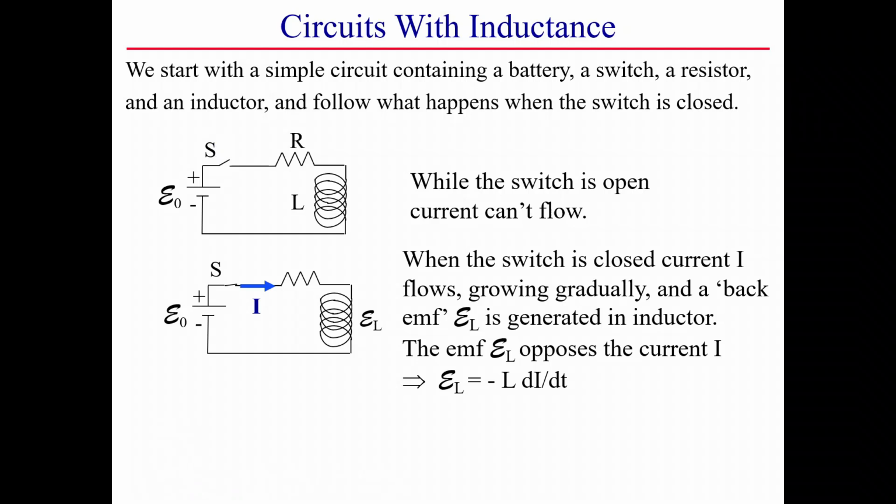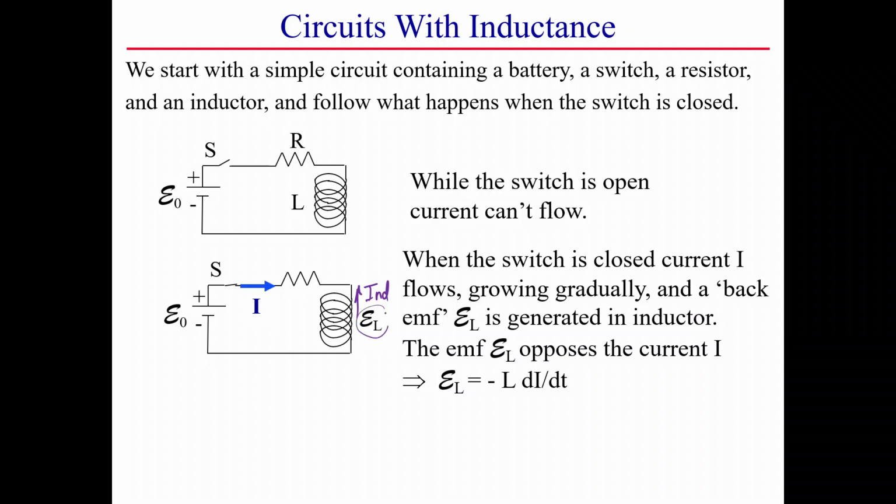So the instant you close the switch, current is going to try and flow through that inductor, which is going to create a magnetic field. That magnetic field is going to create a back EMF that creates an induced current that actually opposes the current that would be caused if the inductor wasn't there.